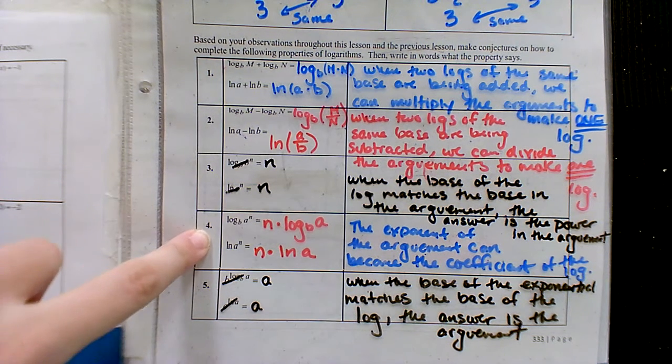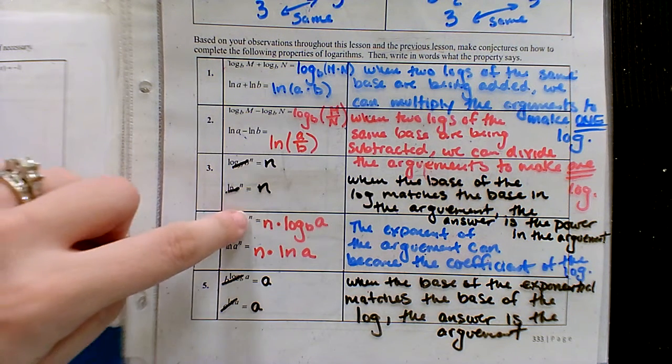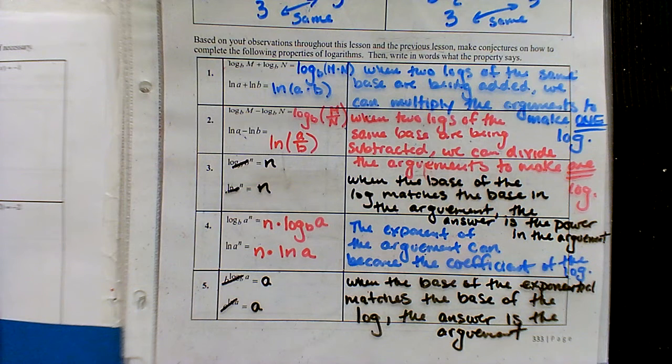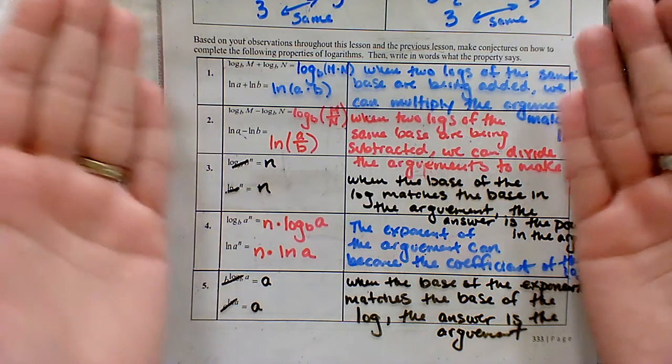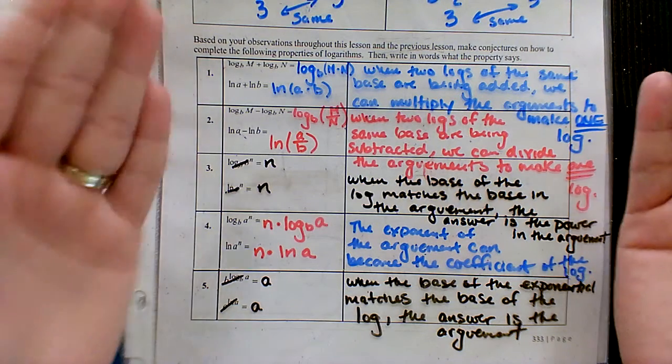And then the fourth one was if we have a power, we can move it out front as a coefficient. So we're just going to practice these today, get comfortable with them, because we're eventually not going to have this list to reference. We're going to have to be familiar with all 5 of these properties.